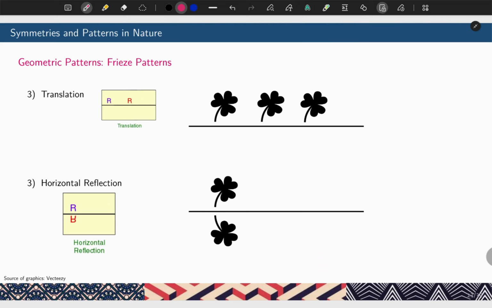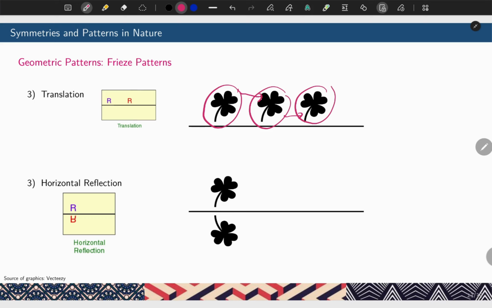Third, translation. Translation is simply moving the object. So here I translated this clover twice. So first, and then this one is translated to this one, copied by translation.